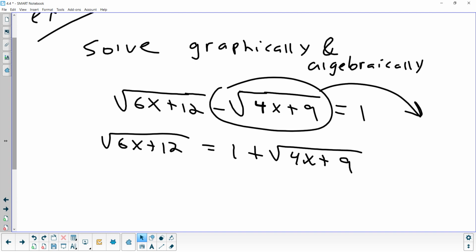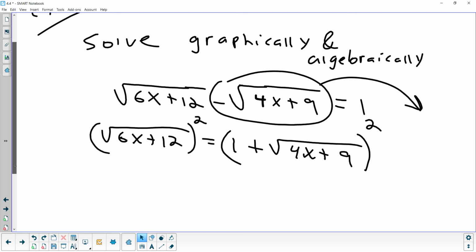Now, here's the part where you have to be careful. What power could I raise this side to get rid of a square root? Square. If you square the left, you have to square the right. The left is easy.